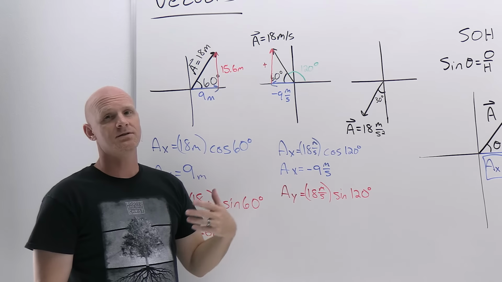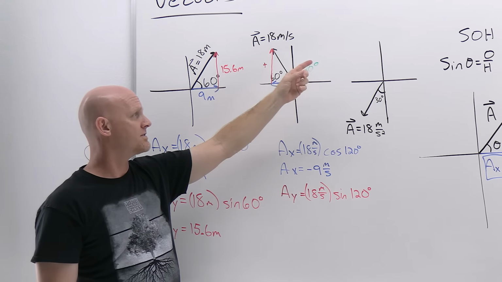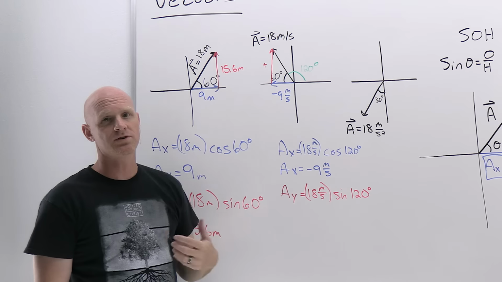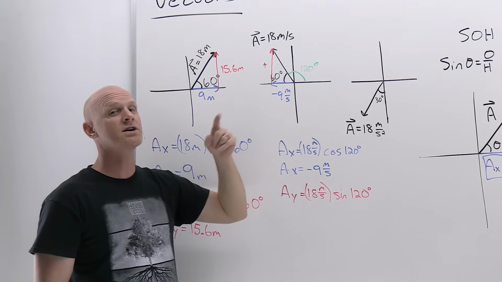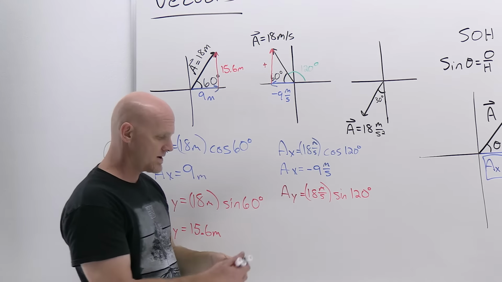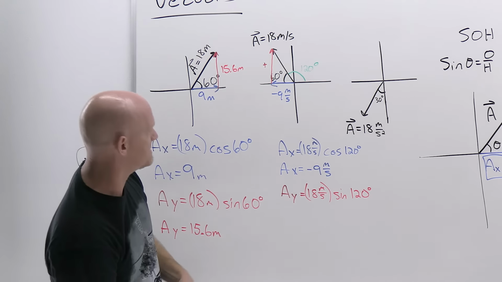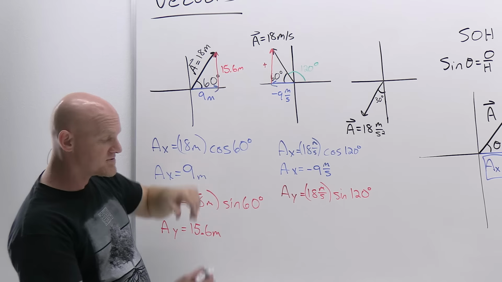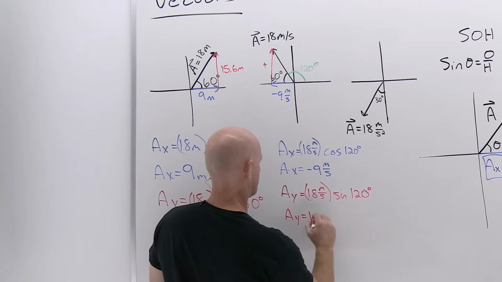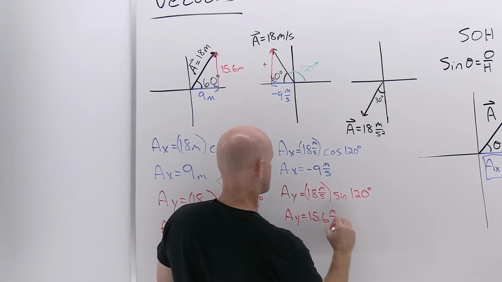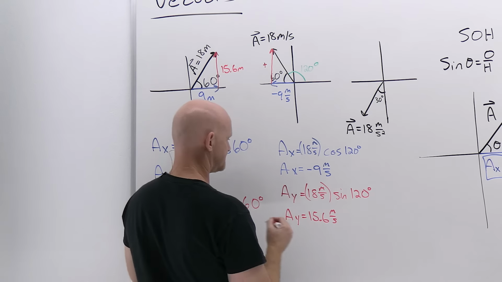Sine function is going to be positive whether we do the first quadrant or the second quadrant and things of this sort. So it turns out it's not going to make a difference here, but if it was in the third quadrant or fourth quadrant, it would make a difference, it turns out. So, but in this case, if we do that 18, in fact, we already know this is going to work out to be 15.6 meters, and it does indeed come out positive. And I should say 15.6 meters per second in this case.